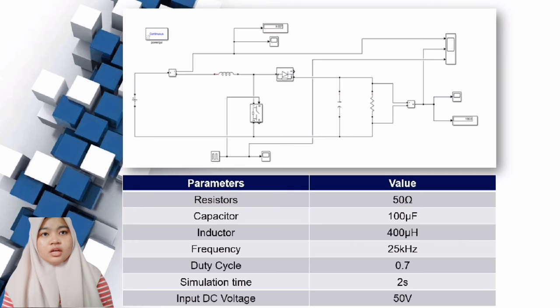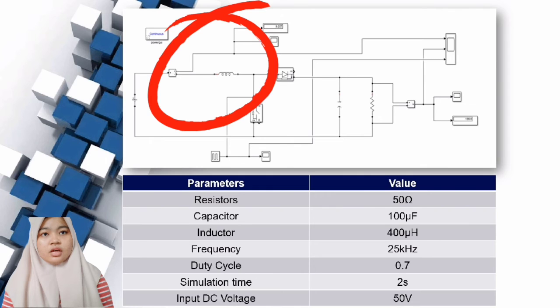And last, we measure the inductor current. To get the inductor current, we connect the current measurement block in series with the inductor.